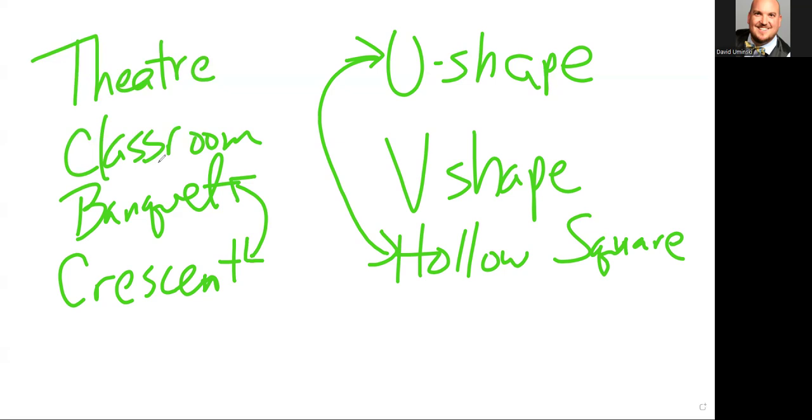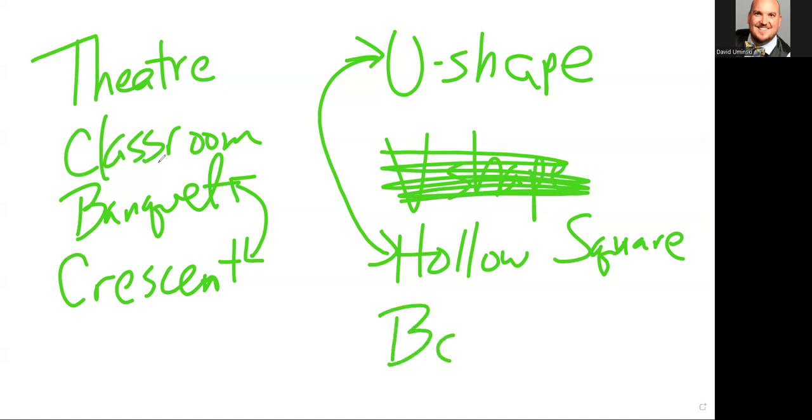I'm not going to do V-shape because it's very odd. And the E shape that's in there, the perpendicular, they do have very specific purposes. But in all the years that I have been doing events, I have never seen an E-shape room setup. So they're not as common. So I'm going to do boardroom.